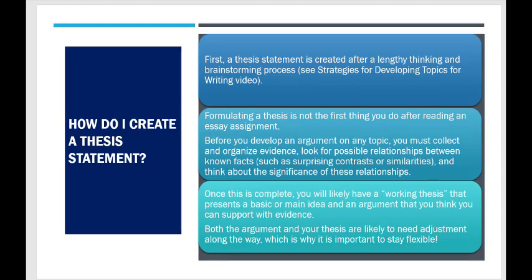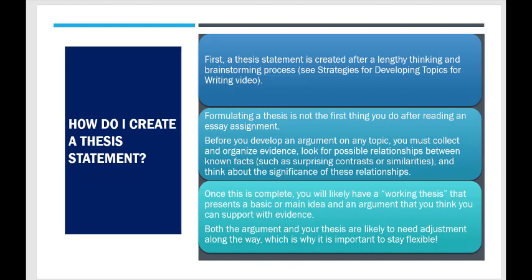Okay, so again, going back to the process first, be sure that you are engaging in that lengthy thinking and brainstorming process. Review that video for more information. The other thing is that formulating a thesis right after you get the assignment is not something that's typical. So I can't stress this enough that the thesis statement is oftentimes much further down in the writing process. Generally, what we like to do is to gain background information.